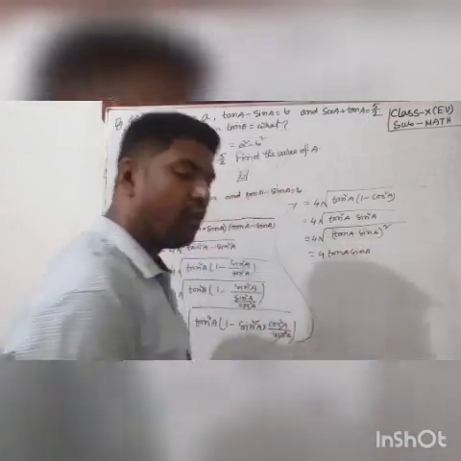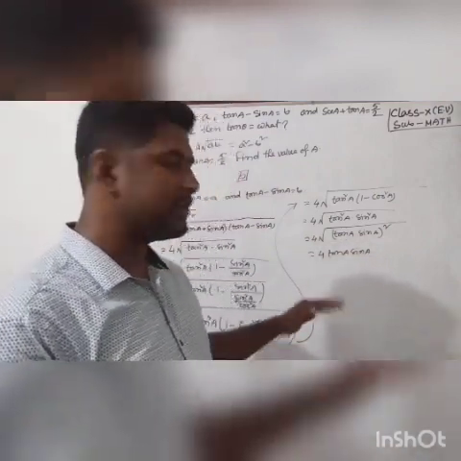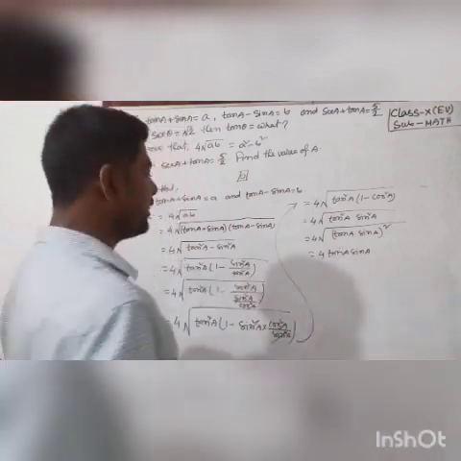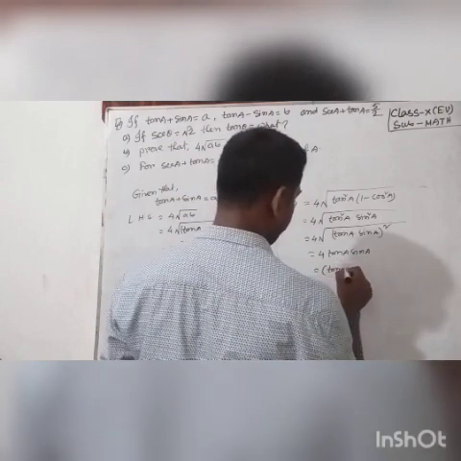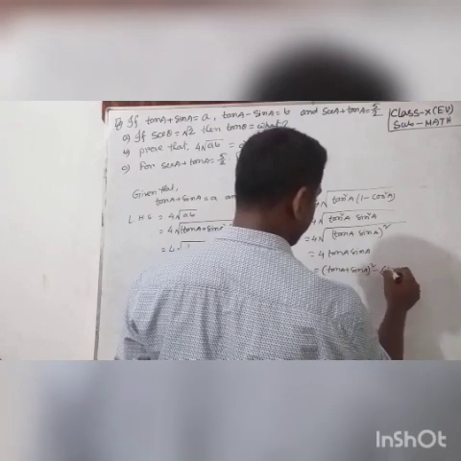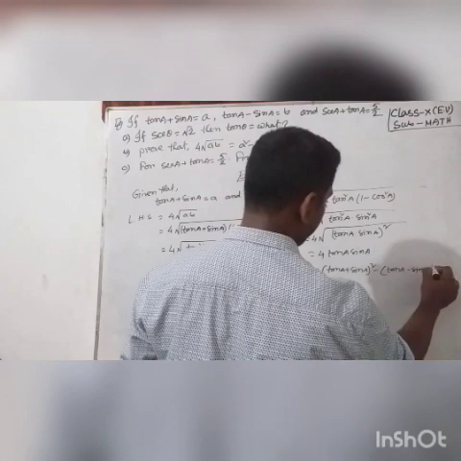We know 4ab equals a plus b whole square minus a minus b whole square. Now we apply the 4ab formula, so we can write tan a plus sin a whole square minus tan a minus sin a whole square.